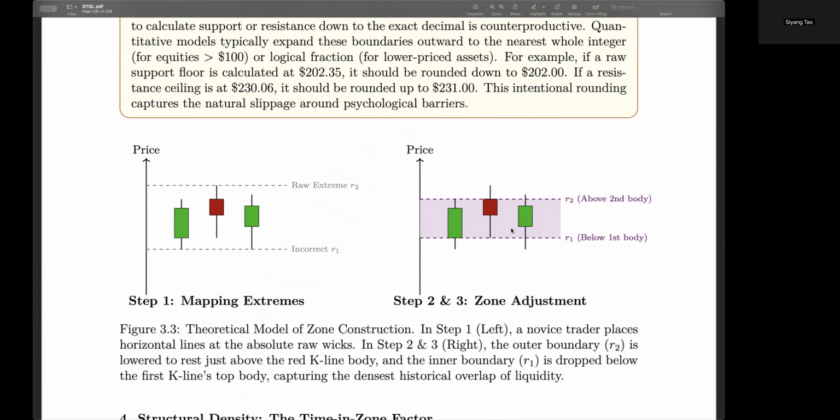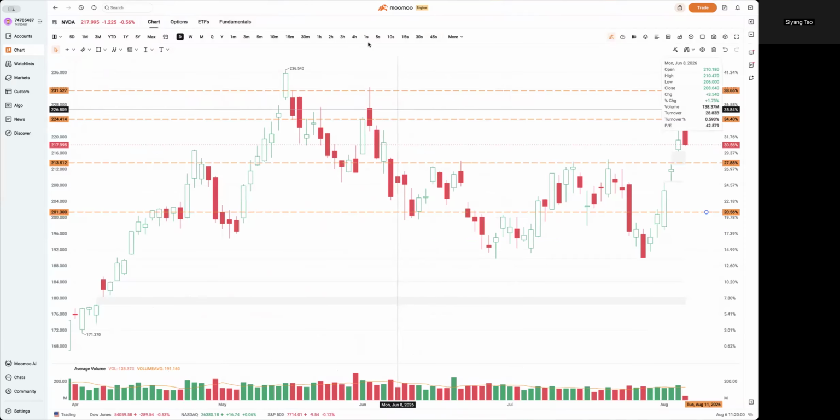Okay, now let's apply this directly to a live chart of Nvidia. With the current price hovering near 218 or 220, a traditional analyst will perform step one, drawing dashed lines at the absolute extreme wicks of the historical swings.